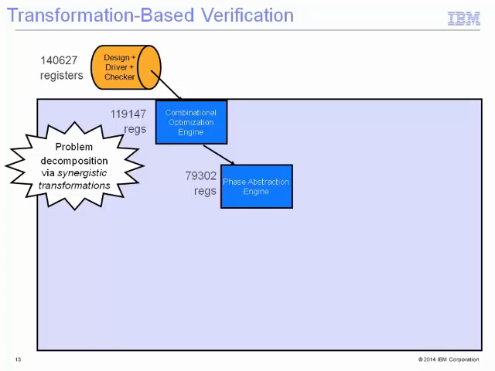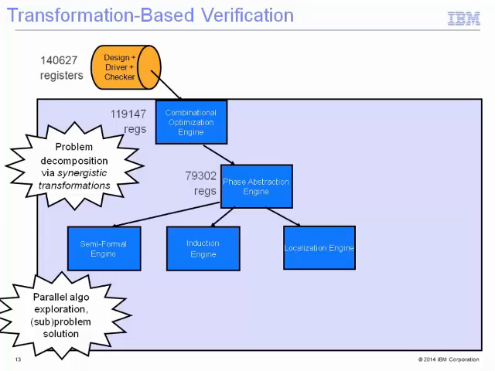Then at some point you reach a place where you can apply core algorithms. For example, here you can apply the semi-formal engine, the proof engine or the abstraction engine. These can be applied in parallel or sequentially.